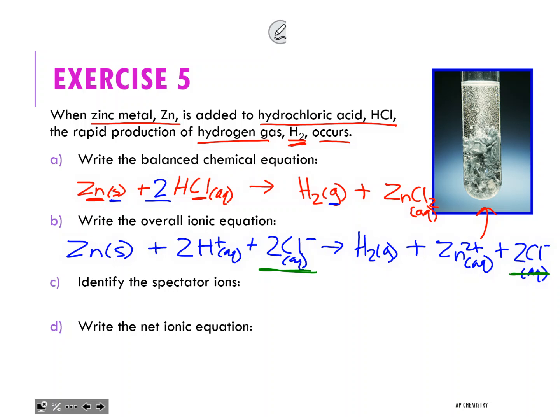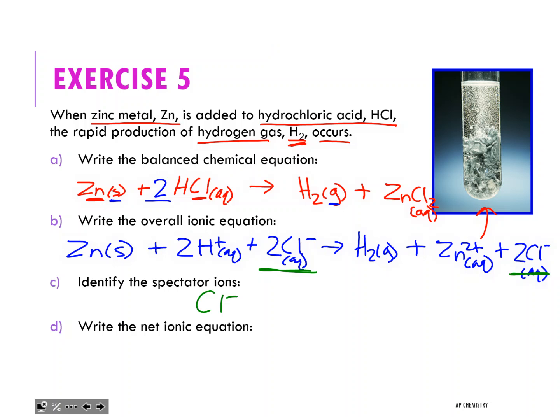Because if you look, the hydrogen's an ion on the reactants, but it is an element which has 0 charge on the products. The zinc starts out as a solid, so it's not an ion, and it becomes an ion in solution. So those are not spectators. The only ones that can be spectators are the AQ on both sides. They are dissolved ions on both sides. So our spectator here is chloride.